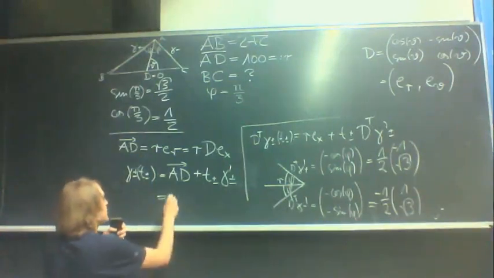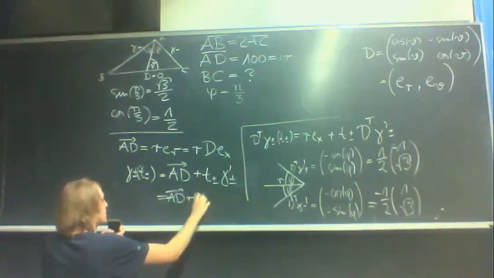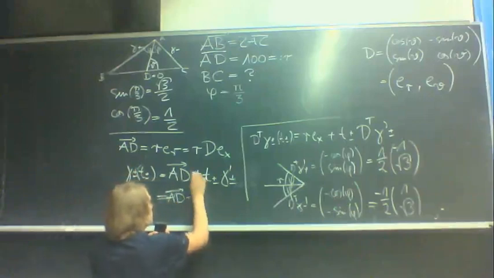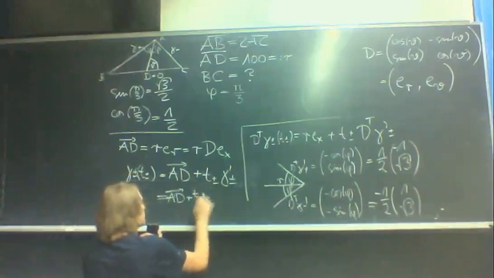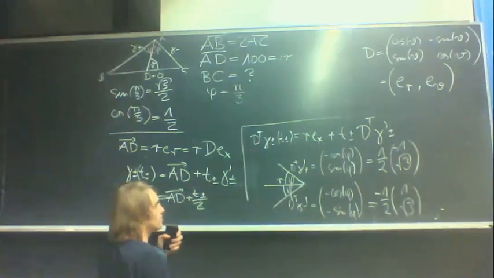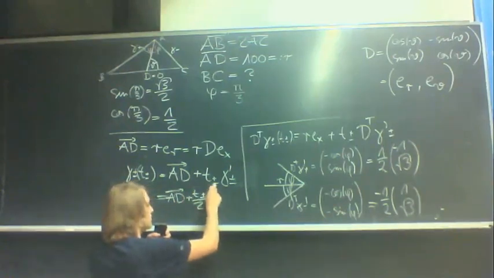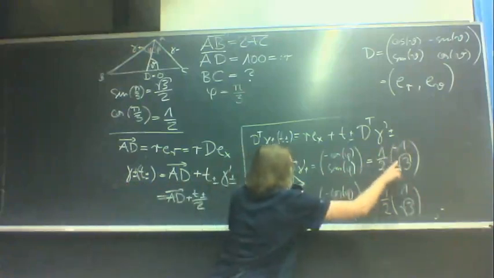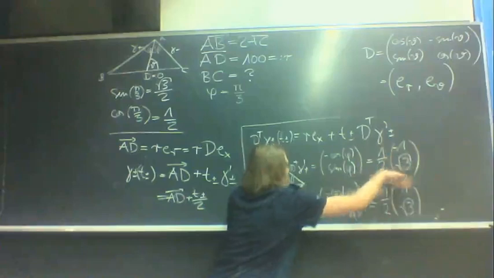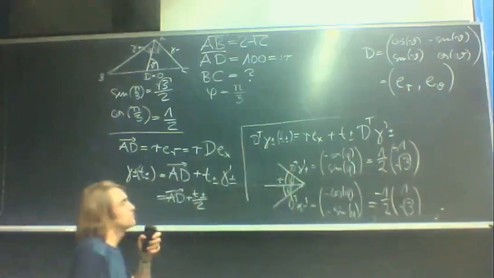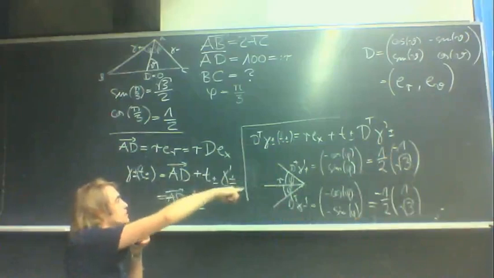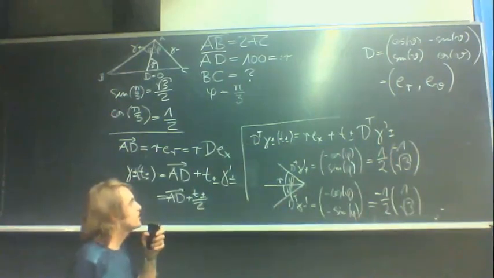This will be AD, of course, plus t plus minus over 2 of, now this first entry corresponds to Ex, this corresponds to Ey, and Ex will map to Er, and Ey will map to E theta.